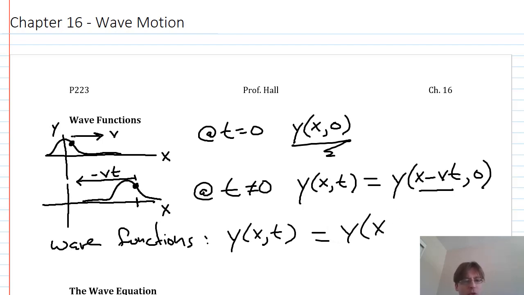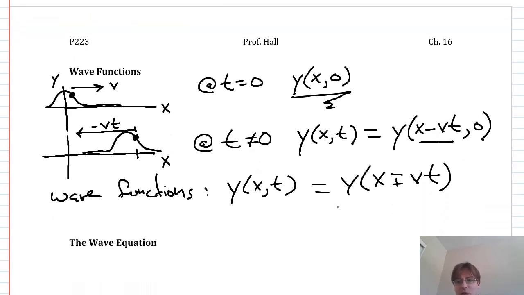What if the pulse was traveling instead to the left? Well, then you'd have to look to the right to find the right y value. And that means that waves traveling to the right involve x minus vt. If they travel to the left, it would be x plus vt. So we'll write it this way, x minus or plus vt, depending on the direction of travel.